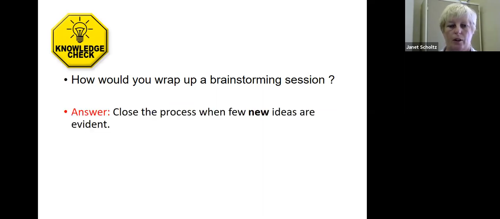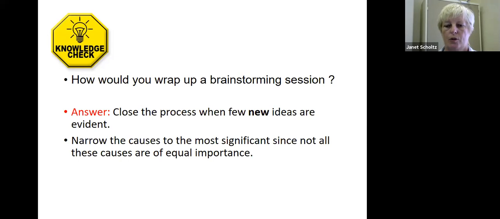Firstly, you will close the process when few new ideas are evident. As the brainstorming is happening, in the beginning you'll get lots of ideas, and then it sort of starts petering out. People will give the same ideas, but just word it slightly differently. And when that becomes evident, we start closing up the process. We narrow the causes to the most significant, since not all causes are of equal importance. So if we're brainstorming for cause analysis, let's put those ideas into their packages and see which ones are more important than the others.